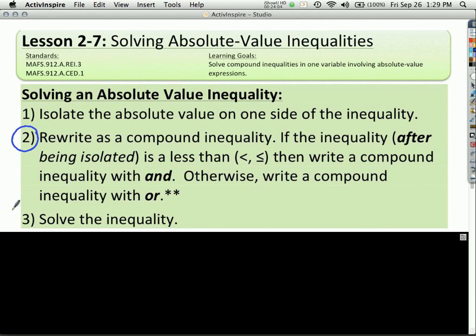So I'm going to give you a moment to jot this down. Remember to use abbreviations. Absolute could be ABS. Value could be VAL. Compound could be COMP. Inequality could be INEQ. Use lots of abbreviations. Take a moment, and then we'll continue.